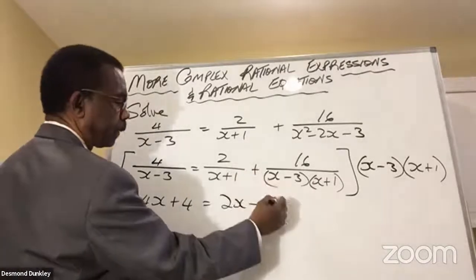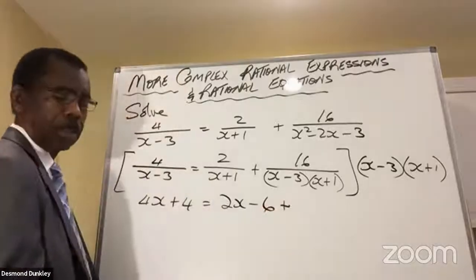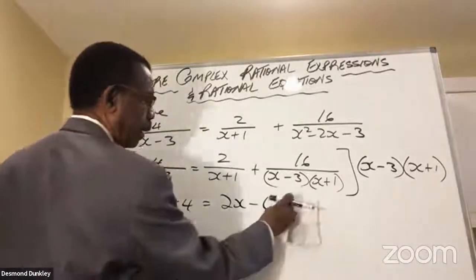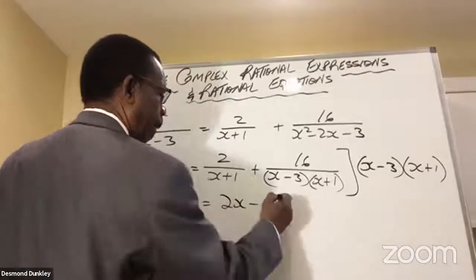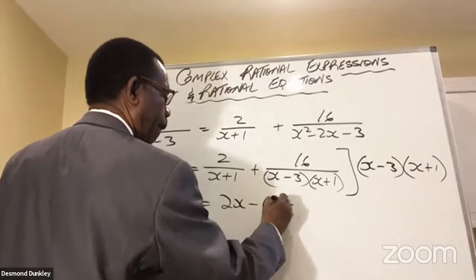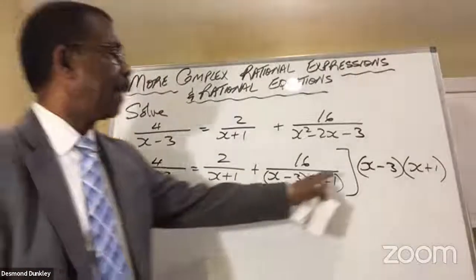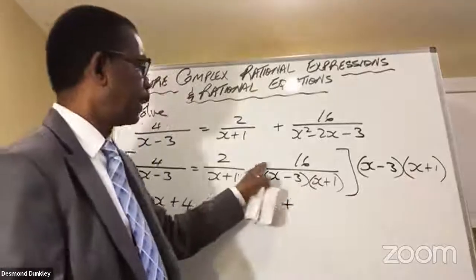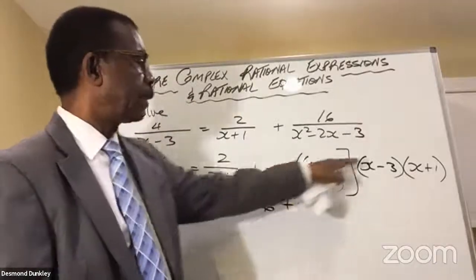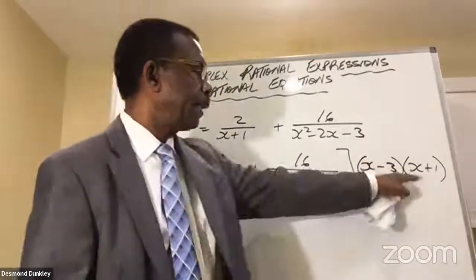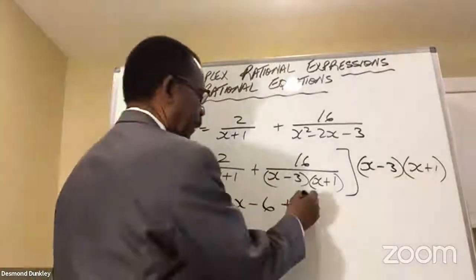It's a plus. So now when I multiply this times this fraction, this cancels that, so we're just left with 16.